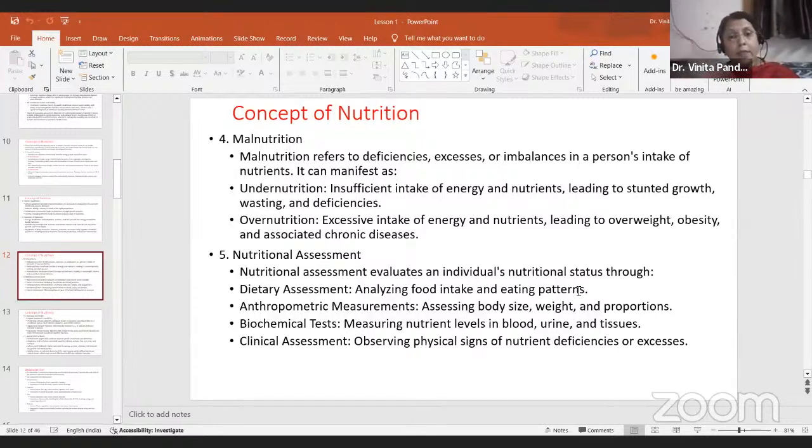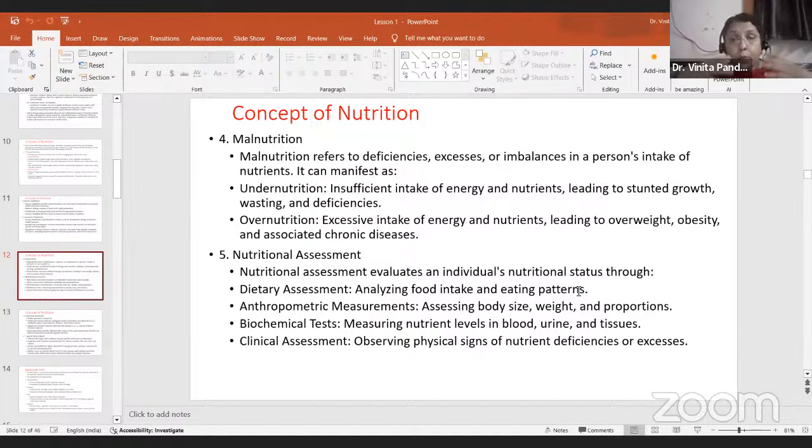Then overall, when we talk about nutrition, it is important to make an assessment of how much nutrition we are taking. So in terms of diet, what is the amount of food we are taking and what are the eating patterns, because how much we have to eat also depends upon our weight, right?